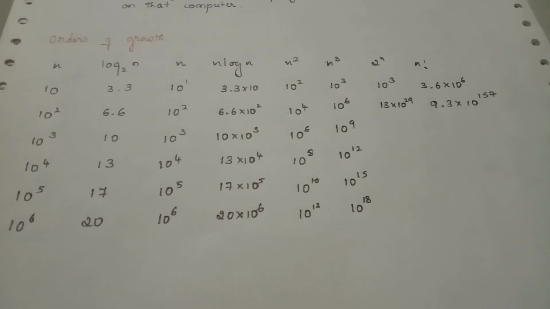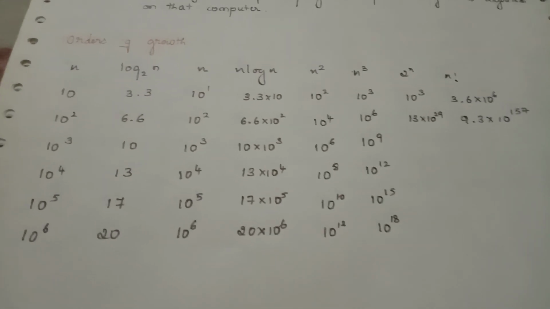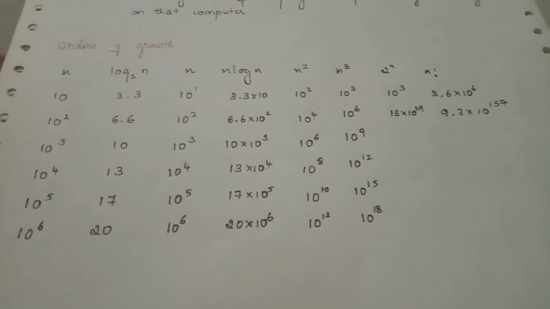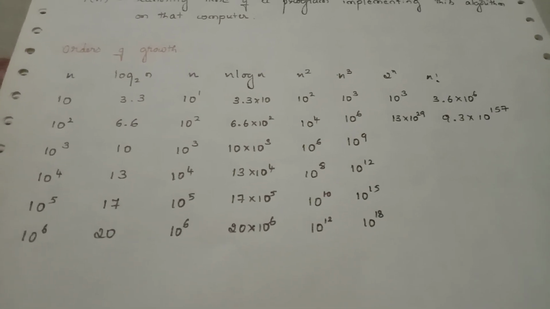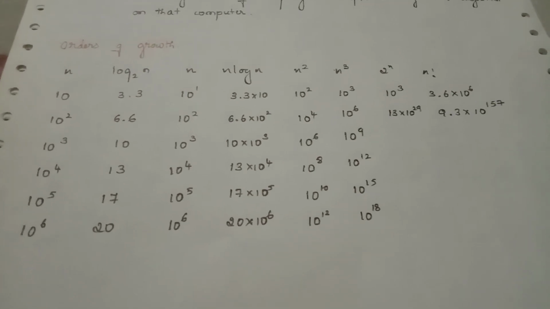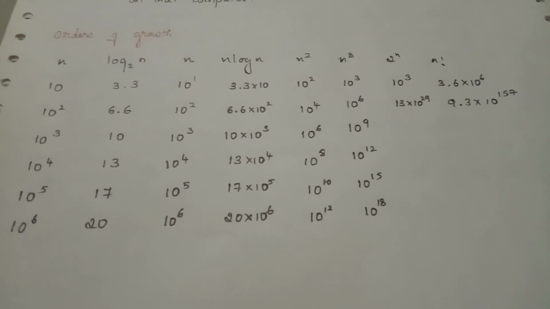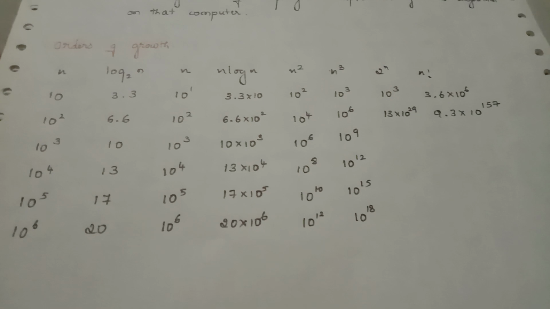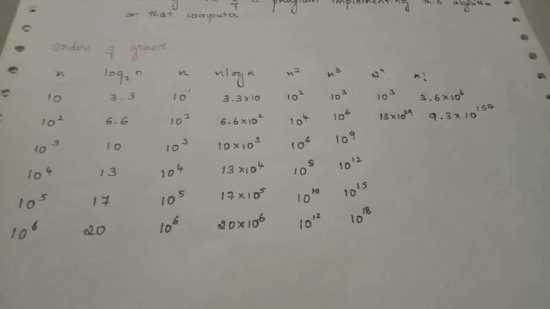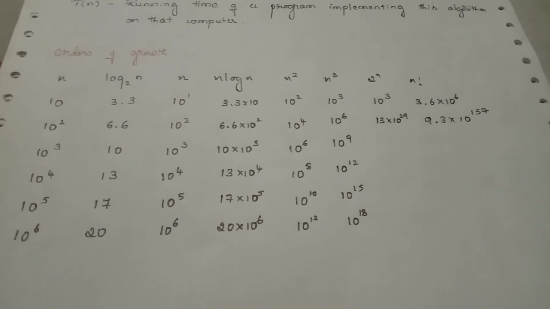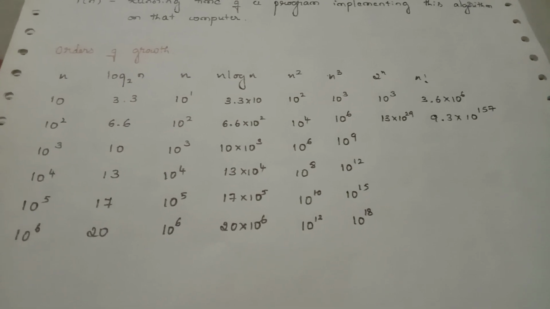If we take n as 10, 10^2, 10^3, 10^4, 10^5, 10^6, suppose this is the input size n. You can see that if an algorithm's running time is log n to the base 2, then if the input size is 10, it is just 3.3.